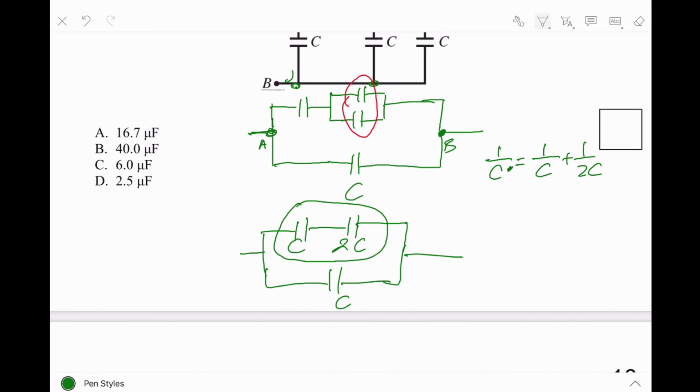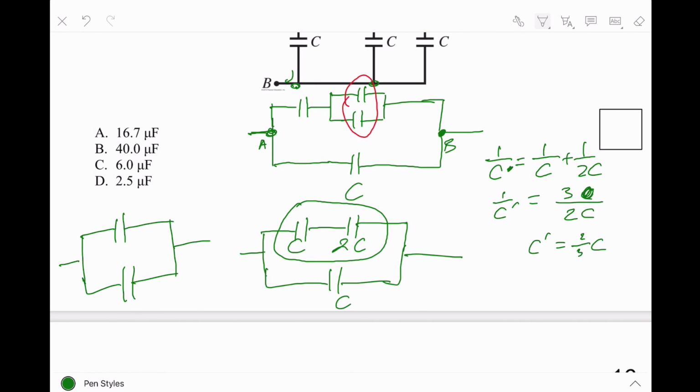So the 1 over C pi is 3 over 2C, I beg your pardon. All right. So the C pi is 2 over 3 C. What I mean is here, this is 2 over 3, this is C.